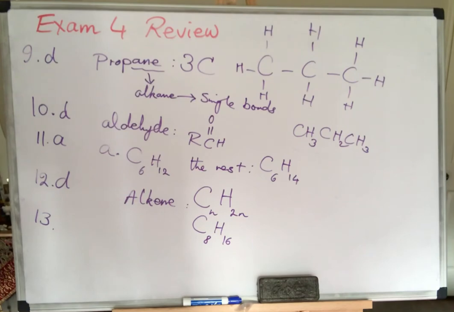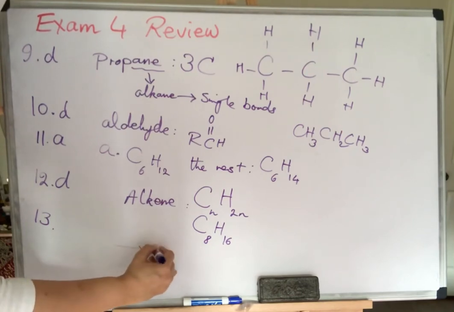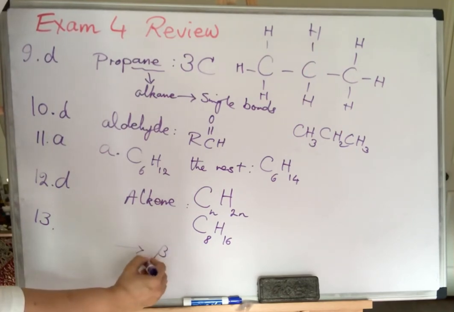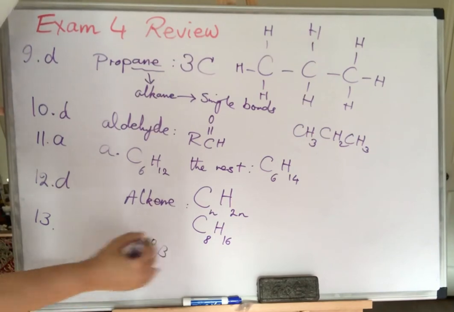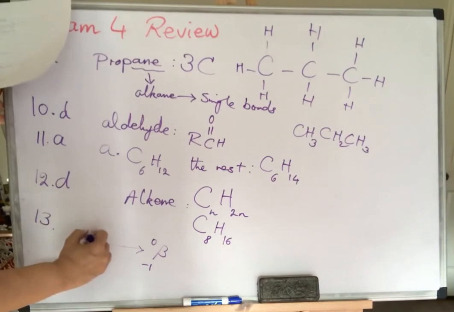In the ejection of a beta particle from the nucleus, which of the following occurs? A neutron is converted to a proton and an electron. Let's try it. A neutron is this, right?